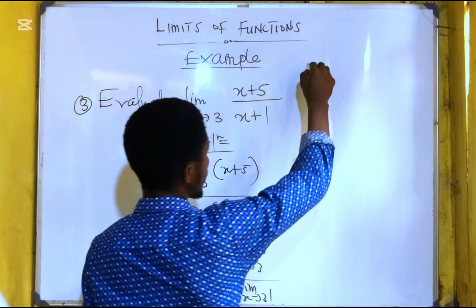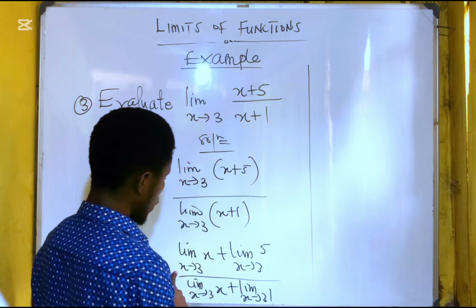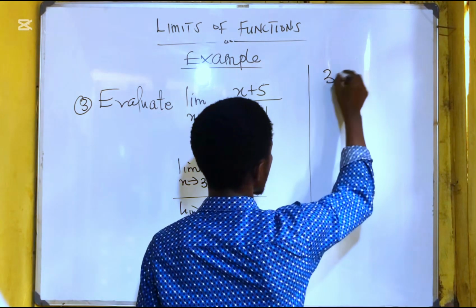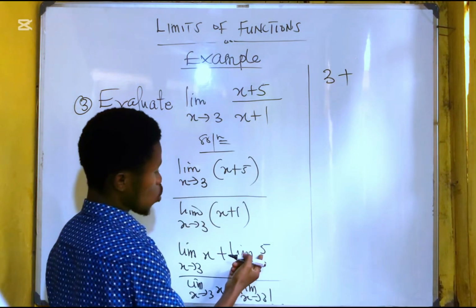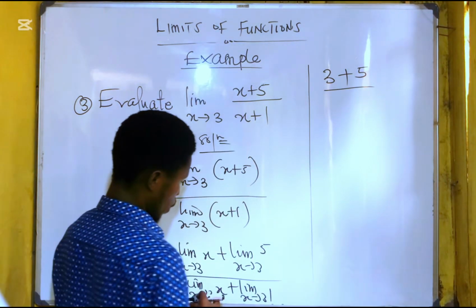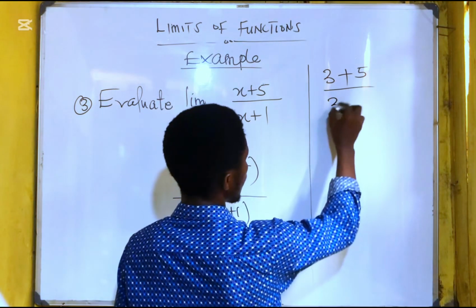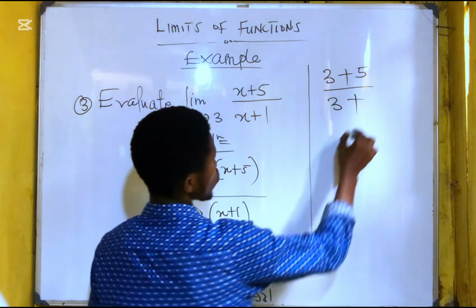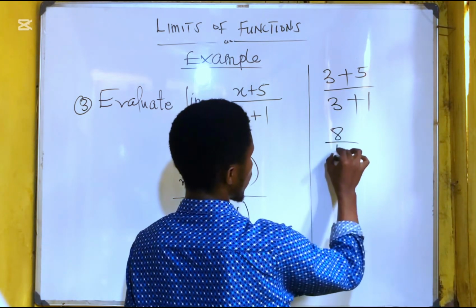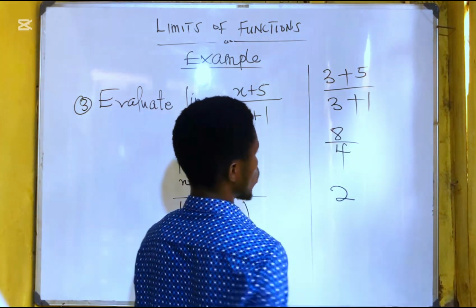Now here, the limit as x approaches 3 of x will be 3 plus, this is a constant, so it will remain, all divided by, this one will be 3. This is a constant, so it will remain. So 3 plus 5 is 8 over 4, which will give you what? 2.